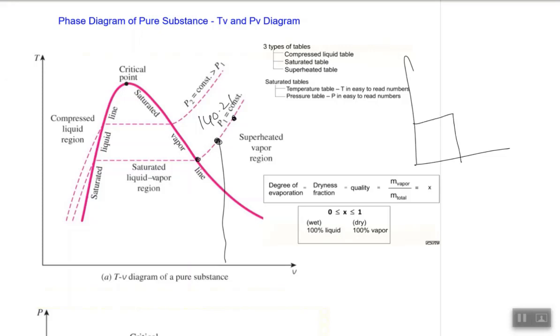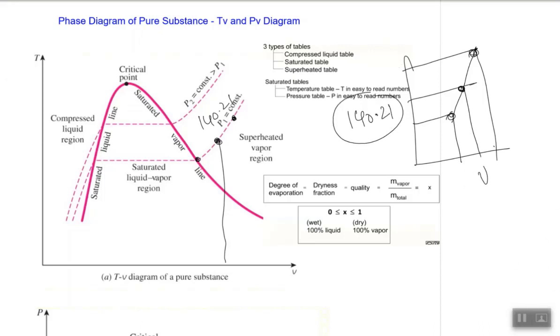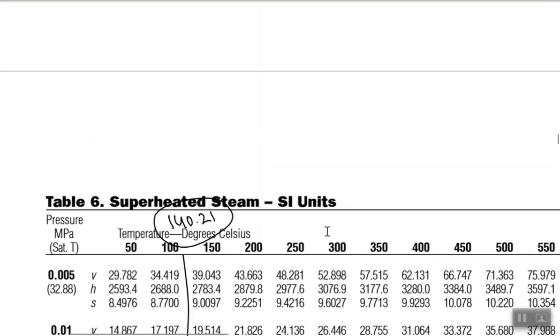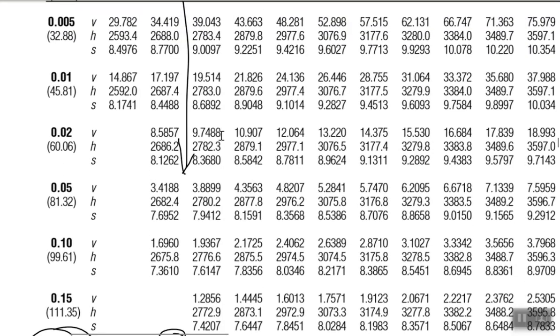In a linear interpolation, I must know the extreme points. So I must know the volume at this point and the volume at this point as well. One of them is given: at a temperature above 140.21, in the superheated region, a value at 150 is given.